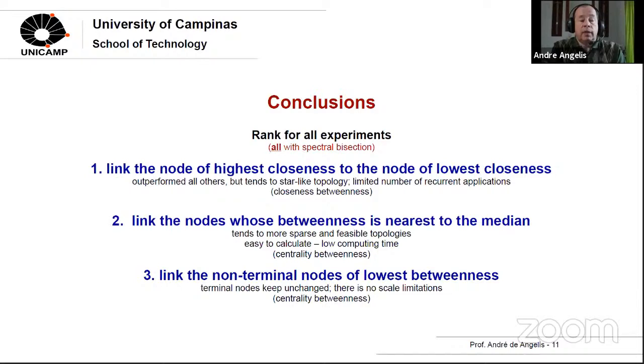But it's true that we are not considering the length of the new edges, because for the Brazilian electric system, it could be 1,000 kilometers.